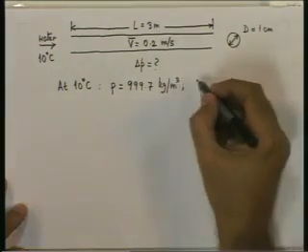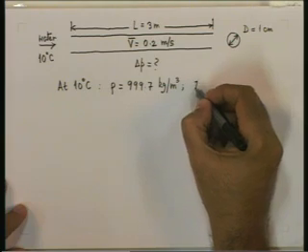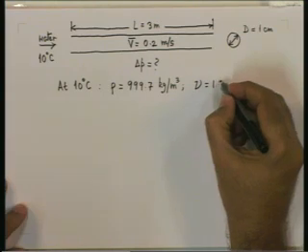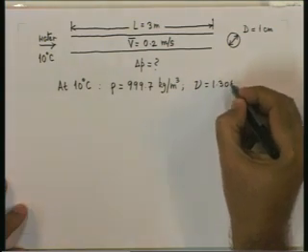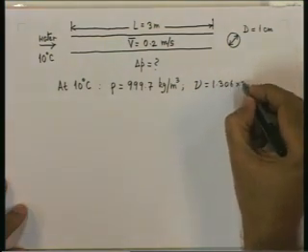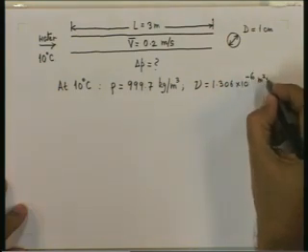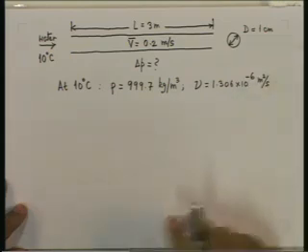We need either the dynamic viscosity or kinematic viscosity. Here I have used the kinematic viscosity, which is 1.306 into 10 raised to minus 6 meter square per second.